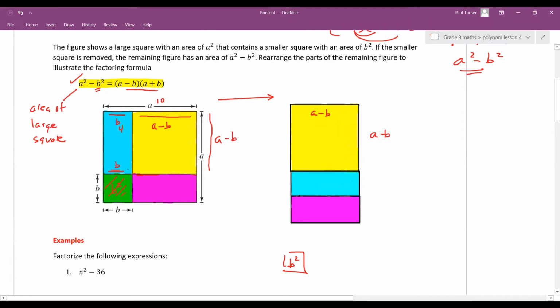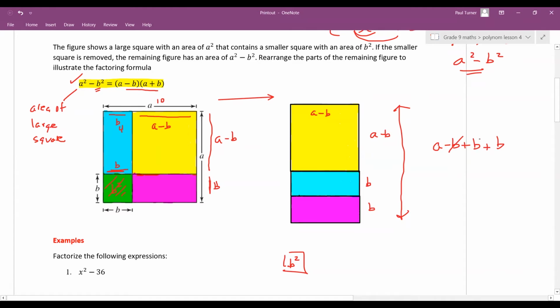And the length of the blue one is b. So that's here. And the length of the pink one, or purple, pink, is also b here. So if we think about the area of this square, we've got a minus b, and then this length is a minus b plus b plus b.